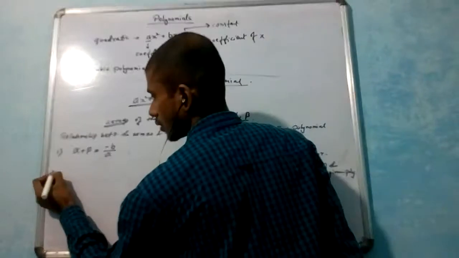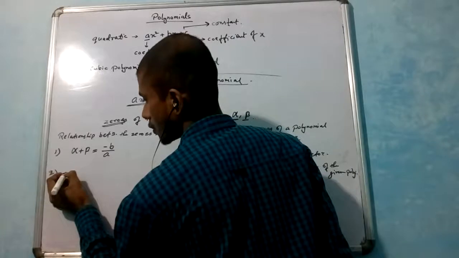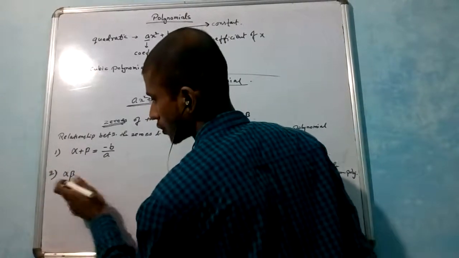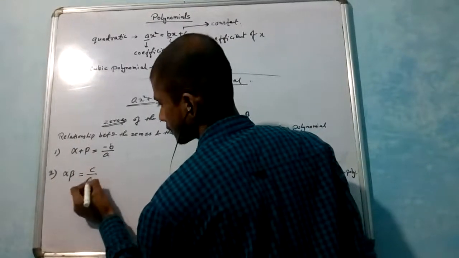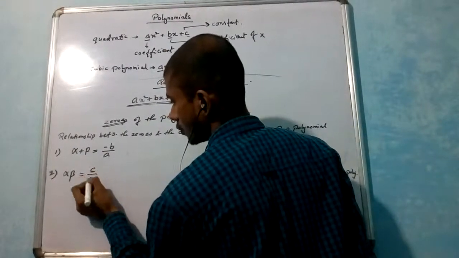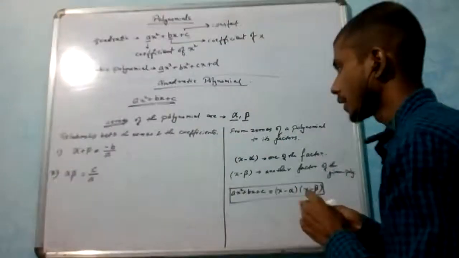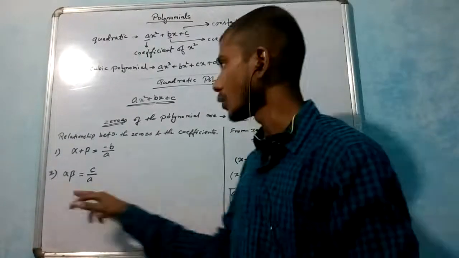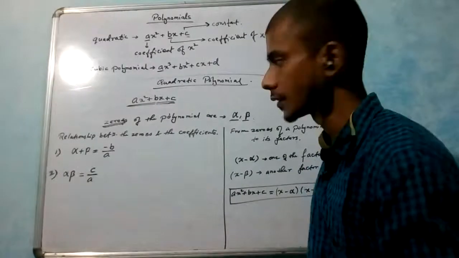Second is what? Second is alpha into beta. The product of the two zeros is equal to c by a. If we multiply these two, that will be equal to the constant c by a. Fine?